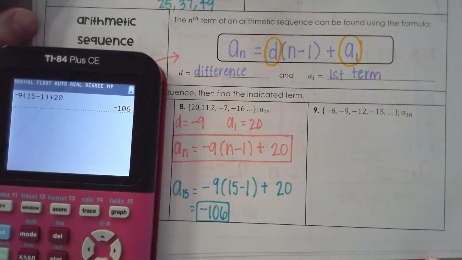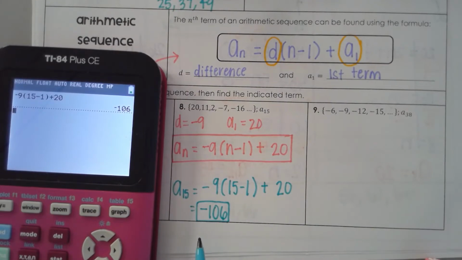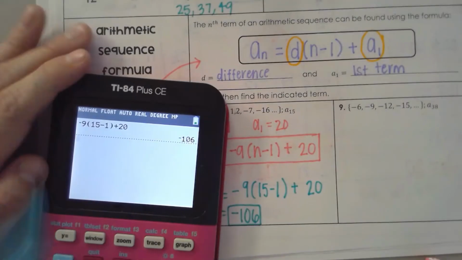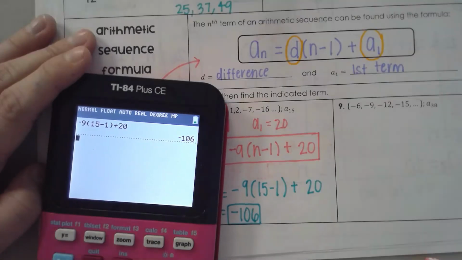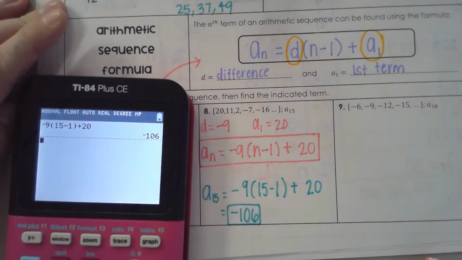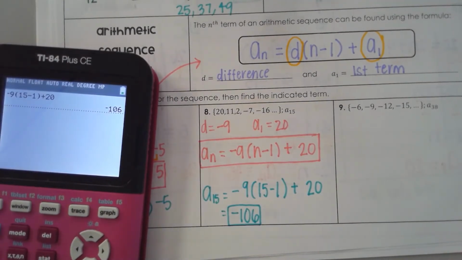Did you get negative 105? Well, negative 106 is the correct answer. So check and make sure you put a negative 9. Okay, I got negative 106. Good. Any questions?